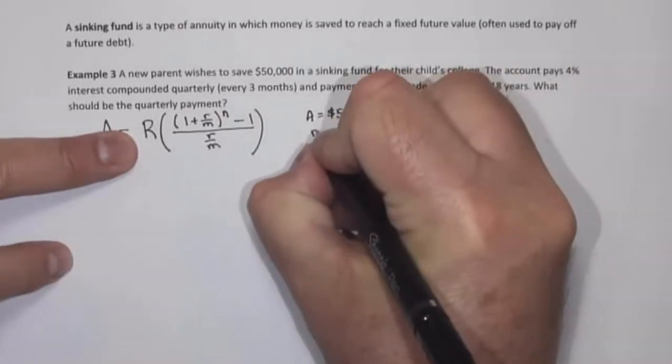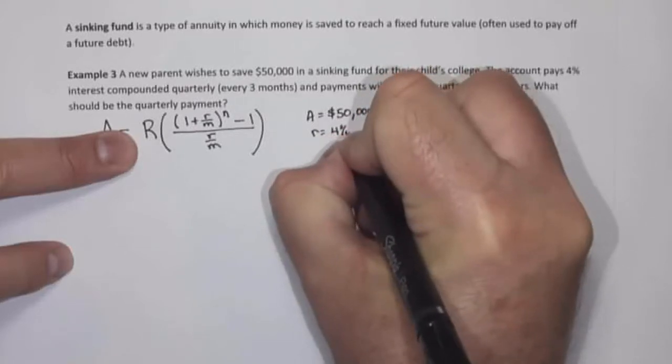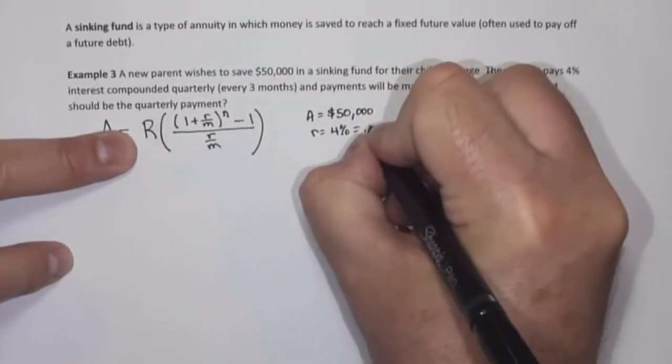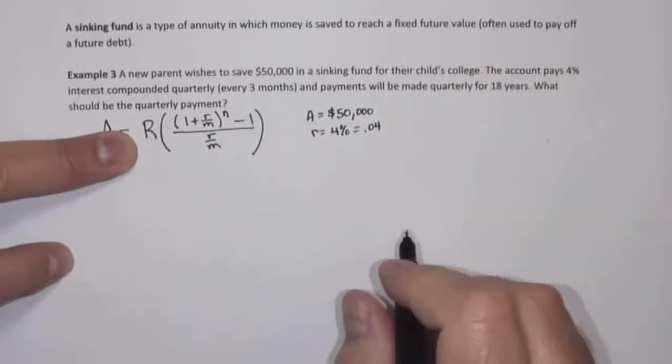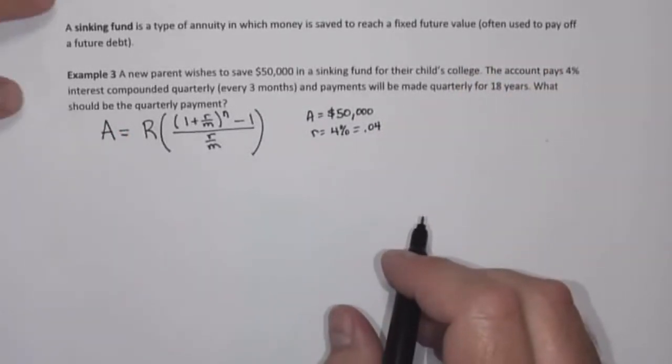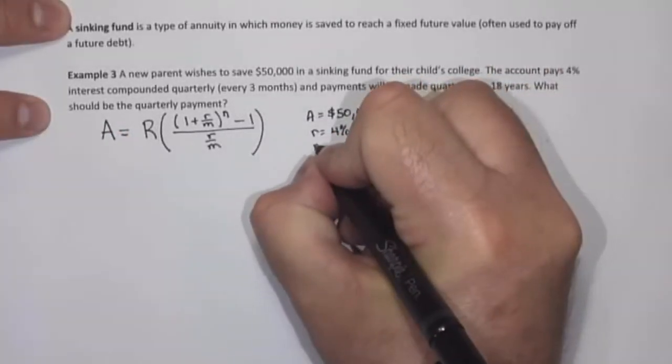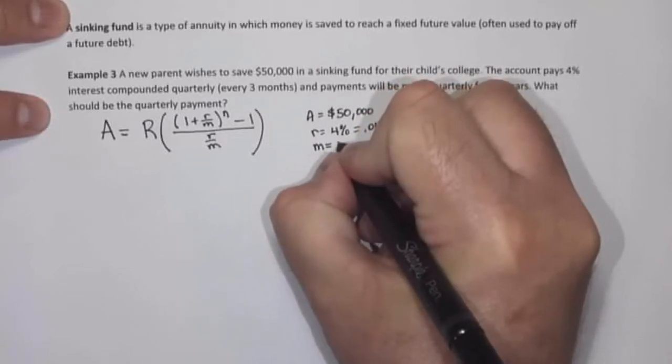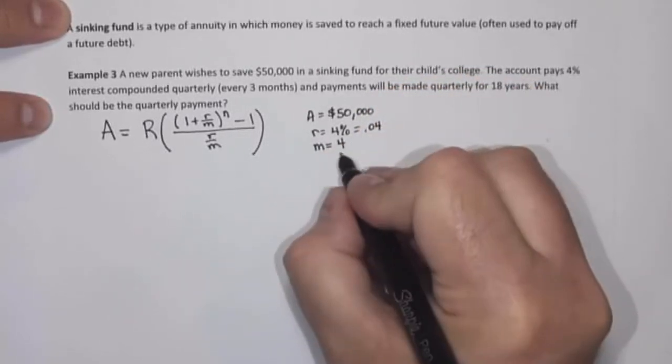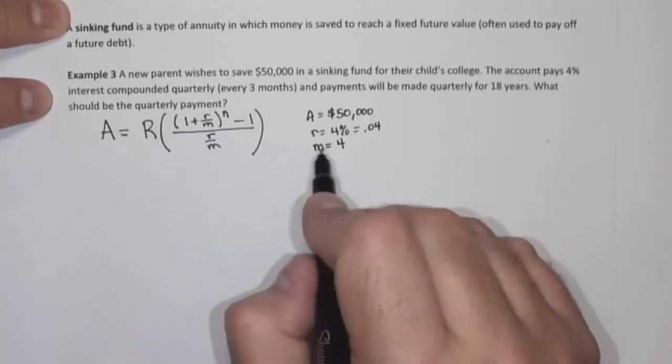Now I know my interest rate is 4%, so that is 0.04. I know that we're compounding quarterly. Quarterly means every 3 months, so that's 4 times per year, so M is equal to 4.